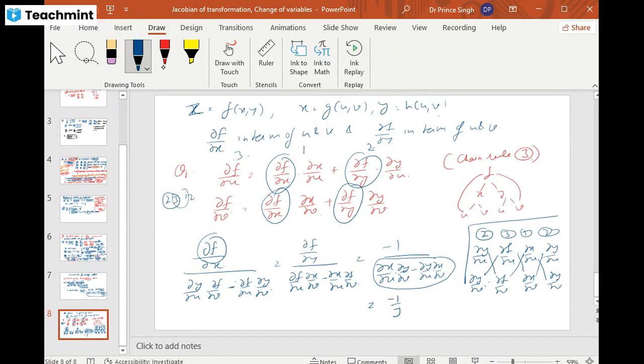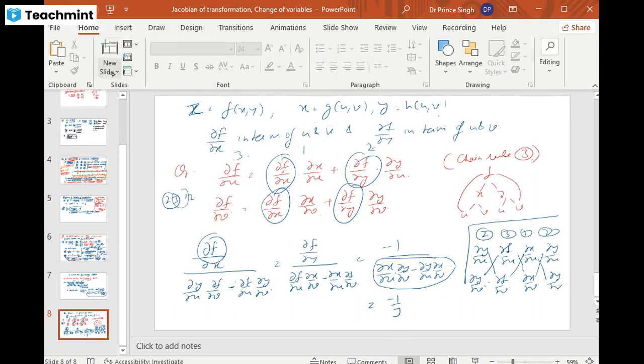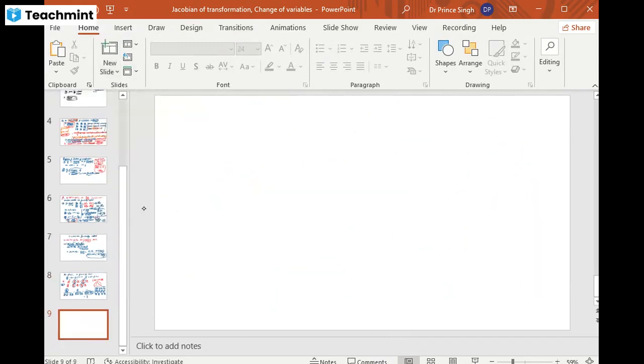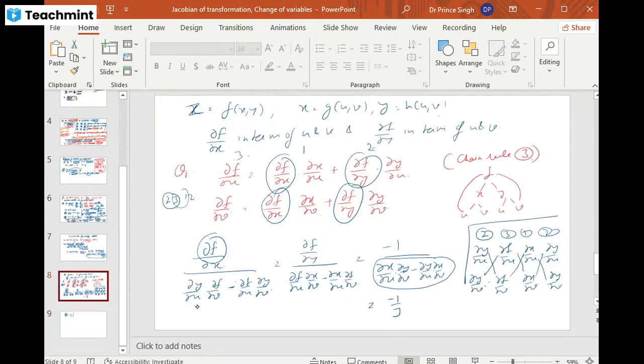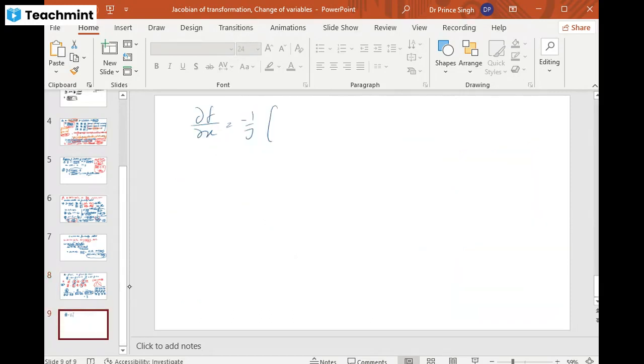So if I compare, then what do we get? We can get ∂f/∂x equal to minus 1 upon J times this, ∂y/∂u, ∂f/∂v. So this is also a Jacobian, but this is the Jacobian of yf with respect to uv.